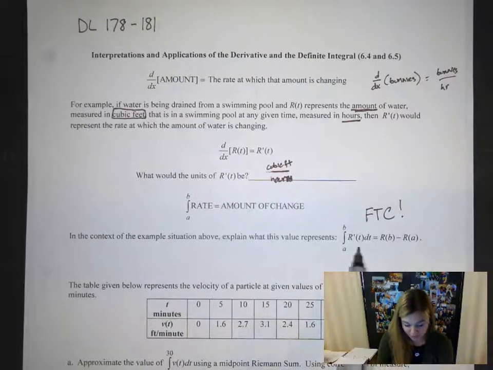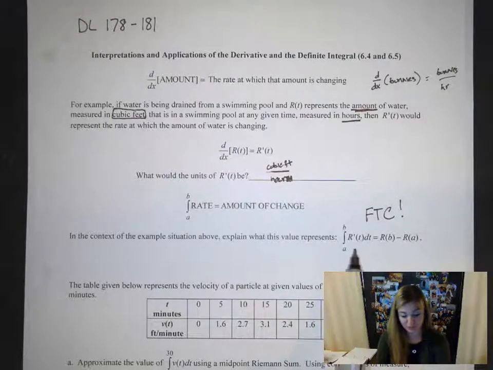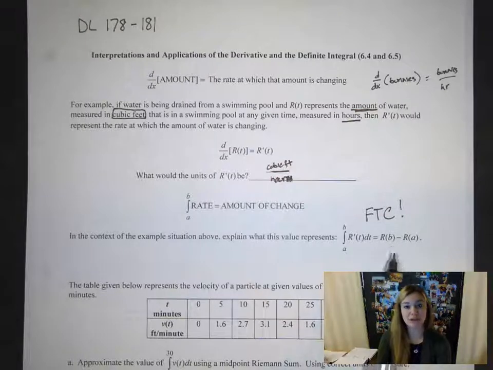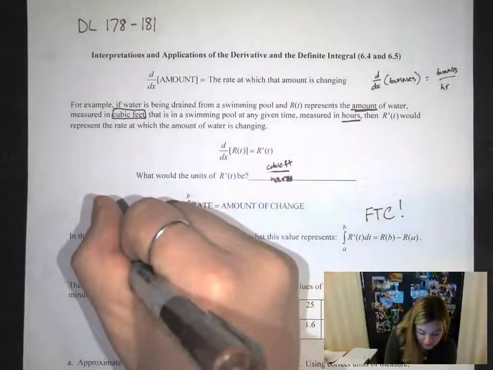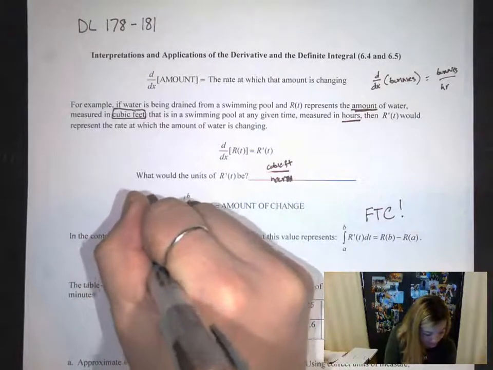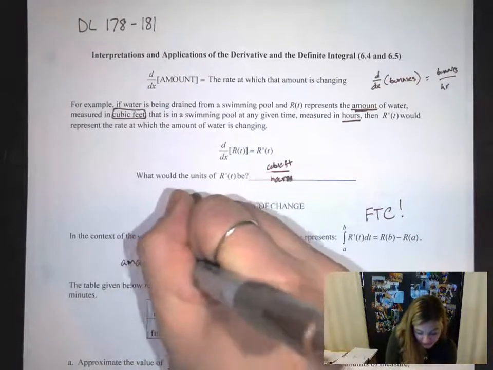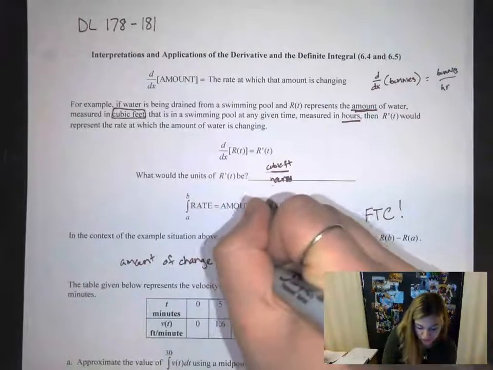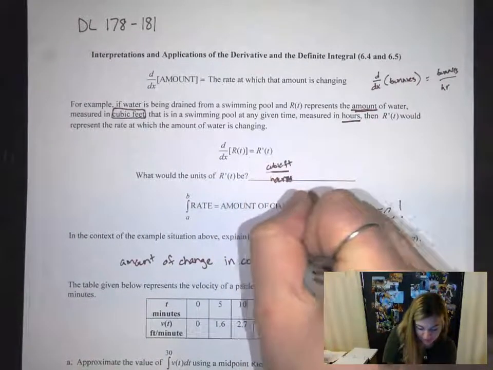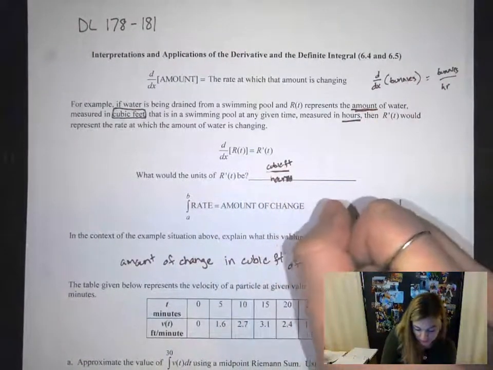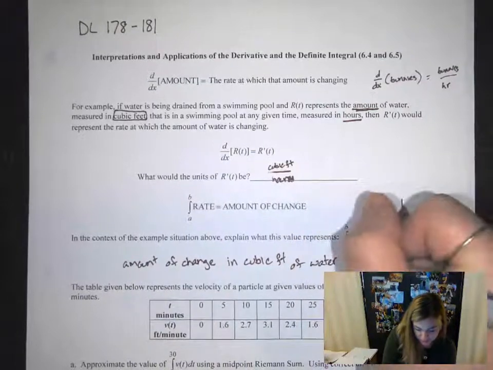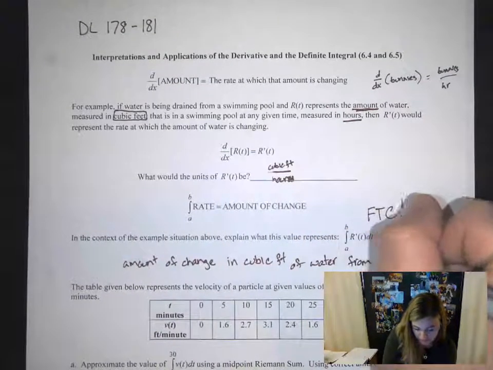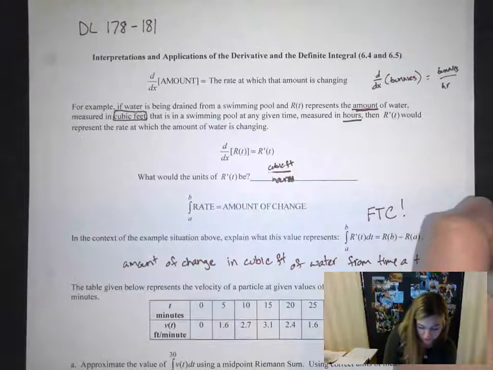Well, if this is the rate at which water is being drained from a swimming pool, this would be the change in the amount of water. So this is always the amount of change in whatever this was given in. So I'm going to say cubic feet of water from time a to b.